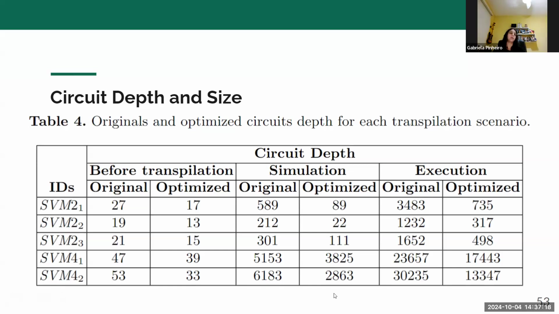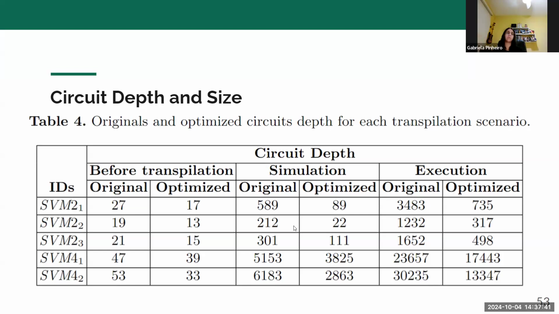Here, again on the bigger case, a circuit that theoretically has a depth of 53 operators turned into 6,000 operators when simulated, and went to 30,000 operators on a real device. So it can grow really significantly.